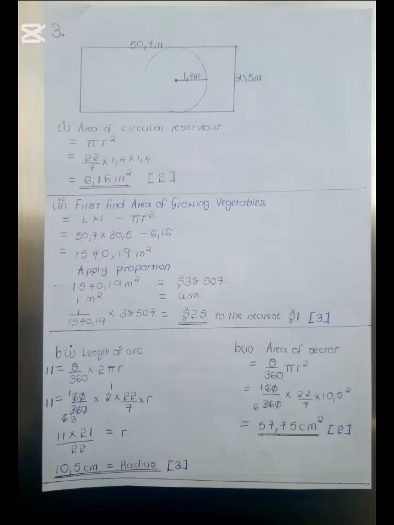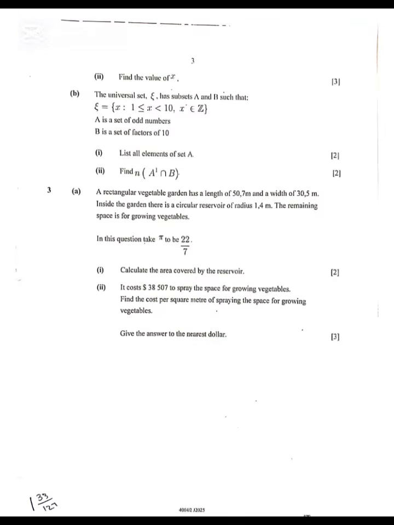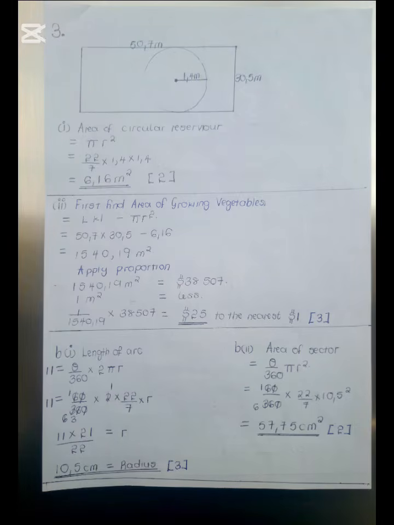And then on part 2, it costs 38,507 to spray the space for growing vegetables. Find the cost per square meter of spraying the space for growing vegetables. So give the answer to the nearest dollar. So first we need to find the area for growing vegetables.